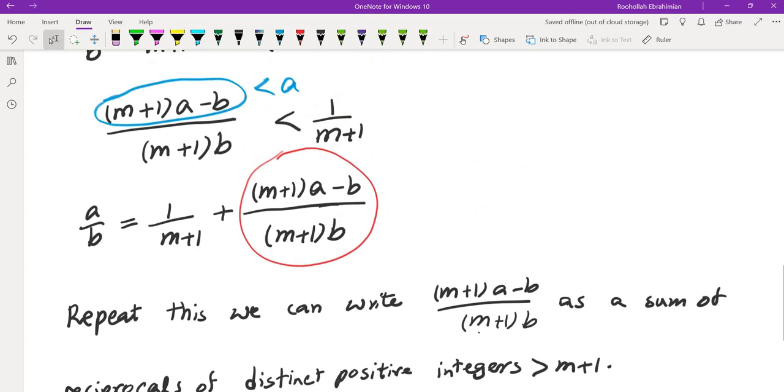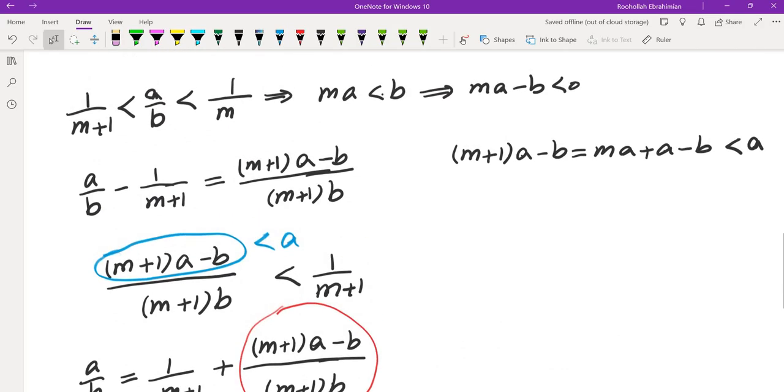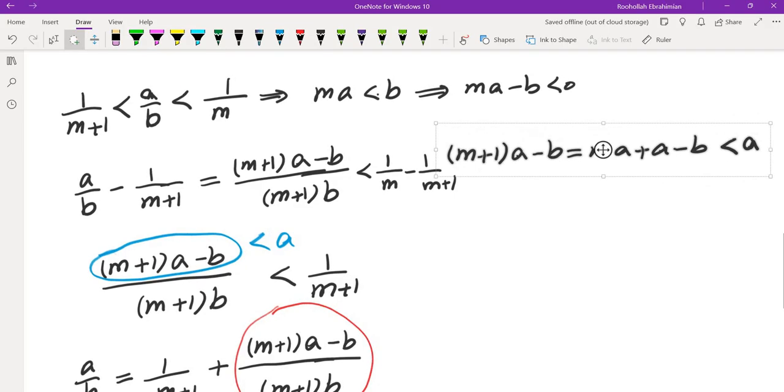Why? Because this fraction is itself less than 1 over n plus 1. We saw that here, because if you write down a over b minus 1 over n plus 1, this is less than 1 over m minus 1 over n plus 1. And this fraction is in fact less than 1 over n plus 1.